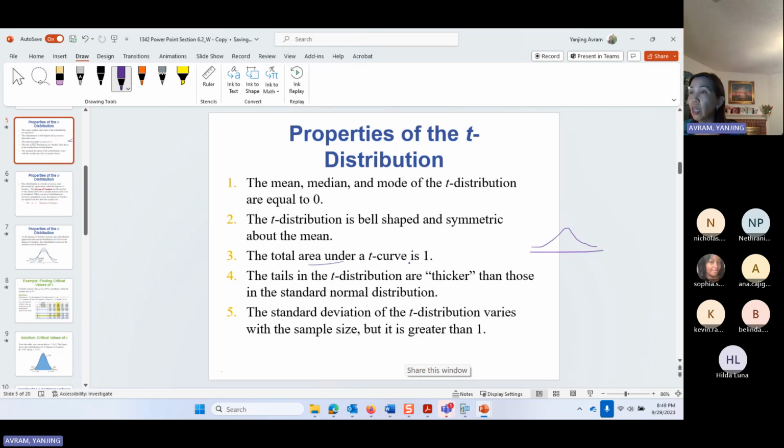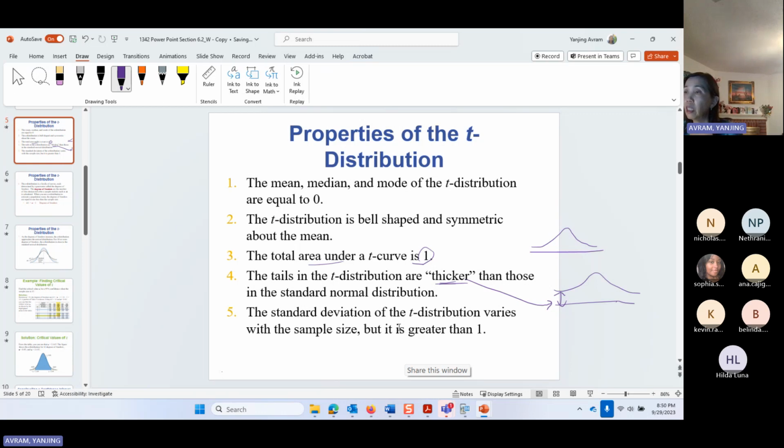The total area under the t curve is also 1. All right. And the tail for the t distribution usually is thicker than the standard normal distribution because the sample size is smaller. So this bell curve is usually a little bit far away from the horizontal line. All right. So that's called a little bit thicker. That's what we're talking about, a little bit thicker in here.